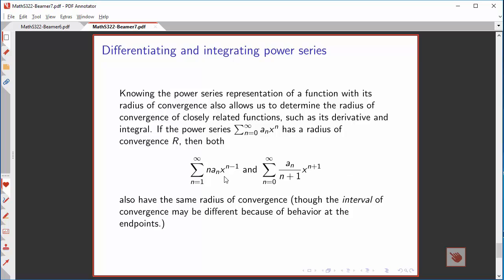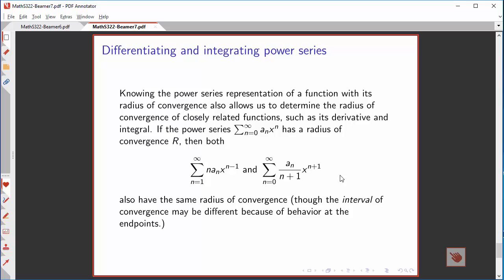Namely, that both the function that we get by differentiating the power series term by term, you'll recognize a sub n, x to the n gets differentiated to get n times a sub n times x to the n minus 1. We can also integrate the series term by term, raise the exponent by 1, divide by n plus 1, and both these series have the same radius of convergence.